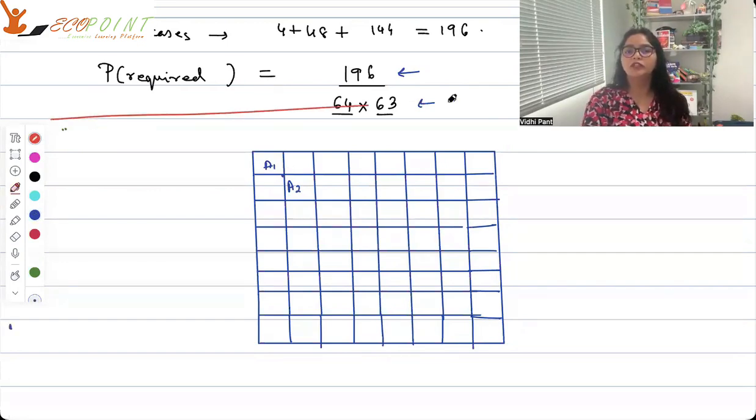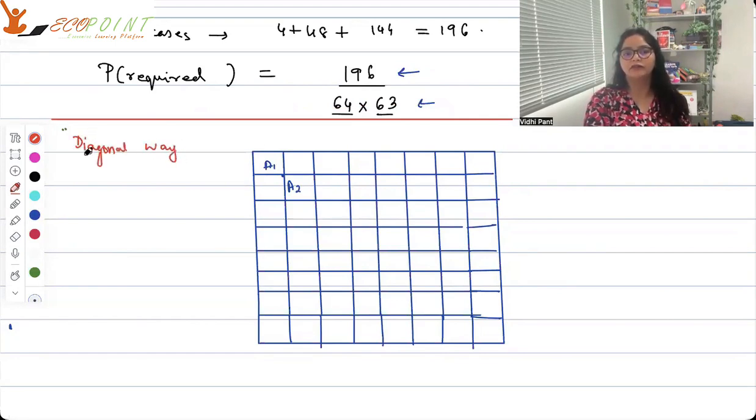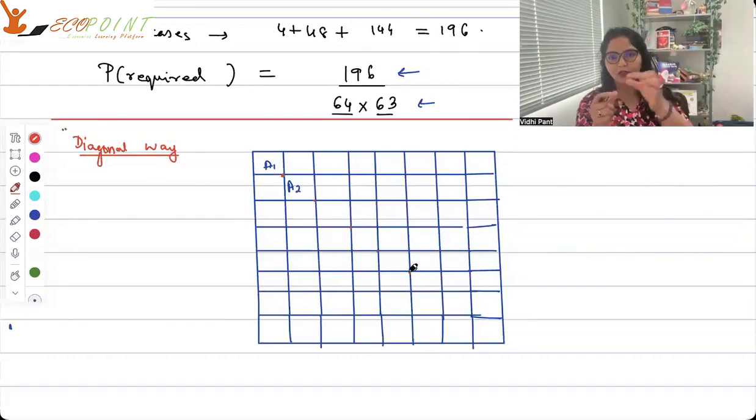Now I'm going to teach you the same thing with order not mattering, using the diagonal way of thinking, or the diagonal method of understanding this scenario. Whenever a common corner question comes into play, you can look at the diagonals, because if you take two squares on a diagonal, you will always have one common corner, right?